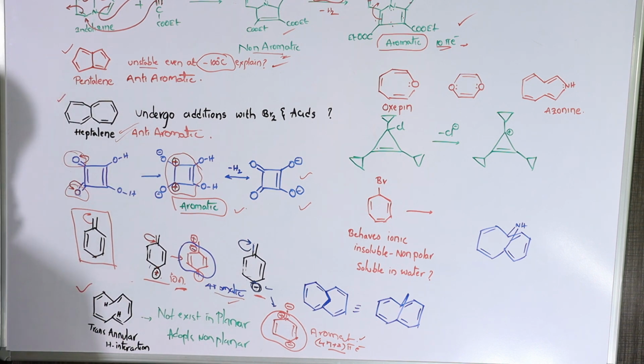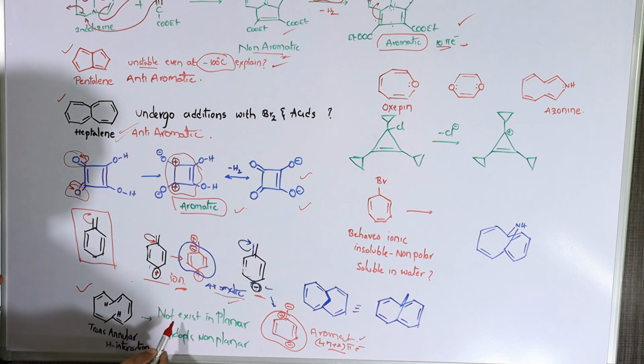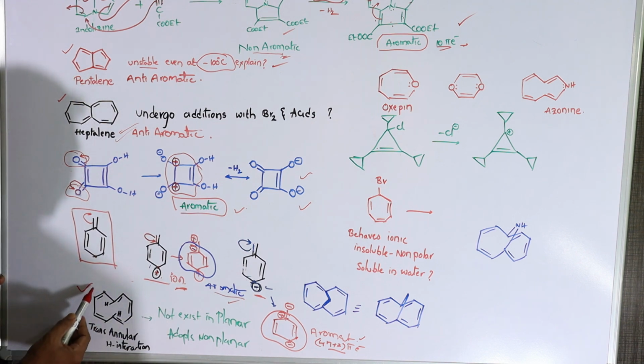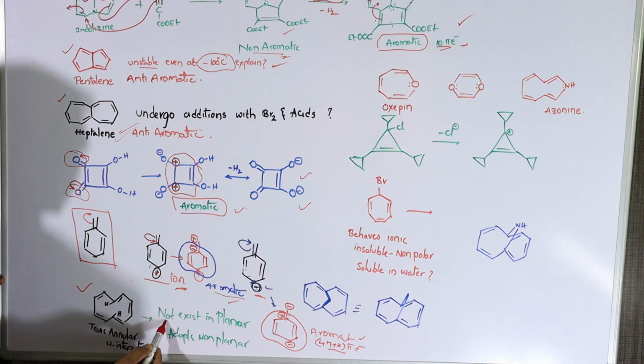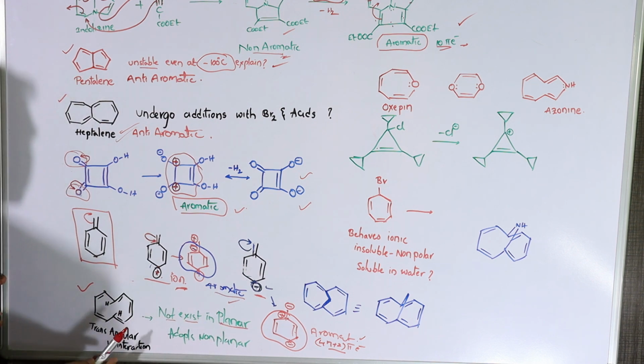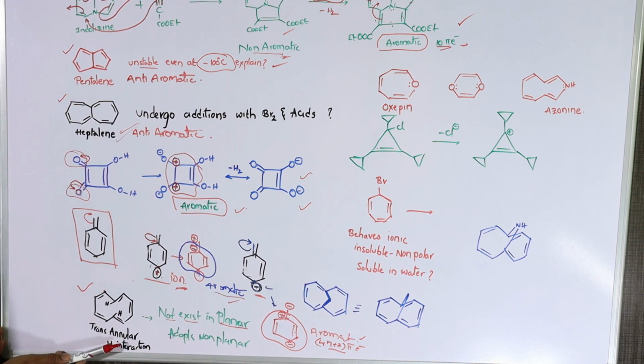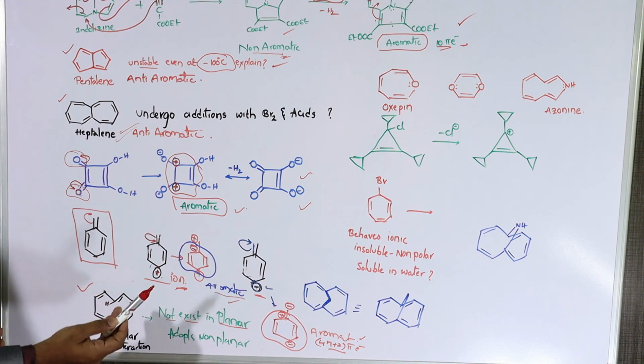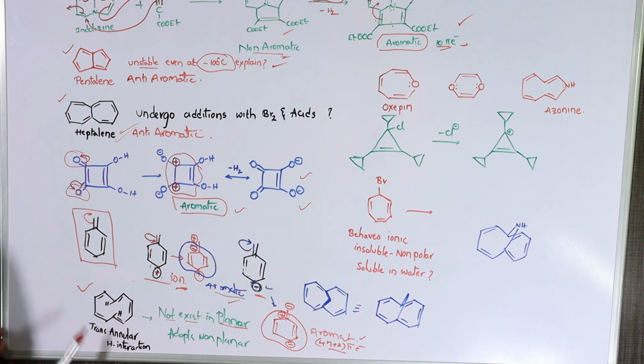But it does not show aromatic properties at all in spectral studies because it does not exist in a planar form. Why does this compound not exist in planar form? Because there are transannular hydrogen interactions, steric interactions between these two hydrogen atoms. This compound will turn into a non-planar structure.